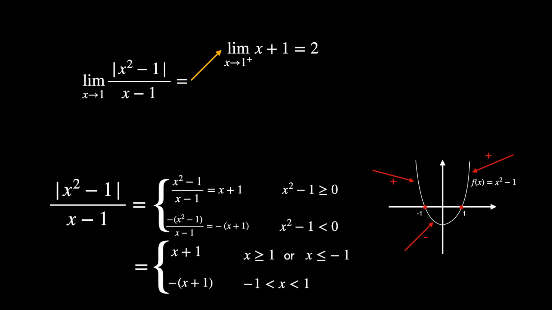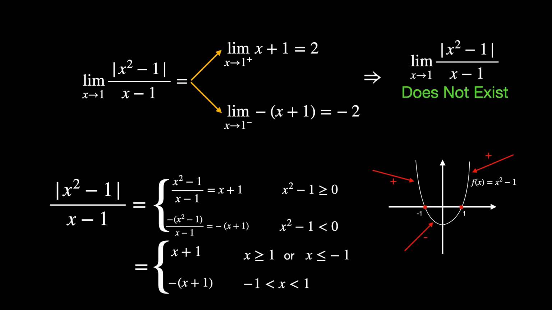What about the left limit when x is less than 1? You can see when x is less than 1, the equation is negative x plus 1, and the limit is negative 2. Again, for this example, the left and right limits are not equal, therefore the limit does not exist. Thank you for watching the video.